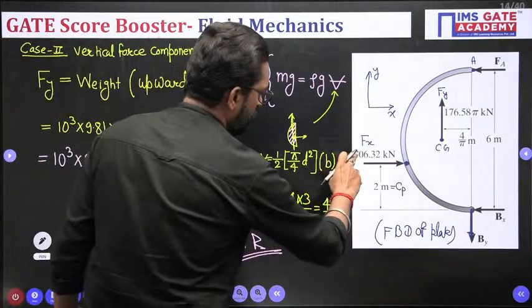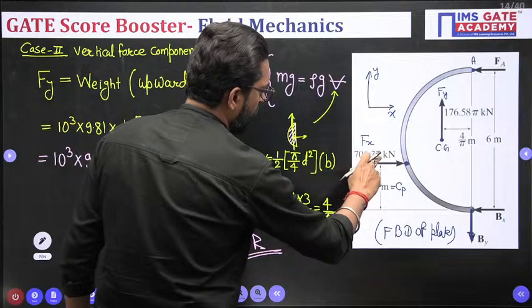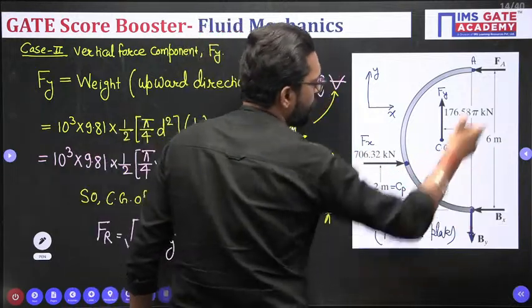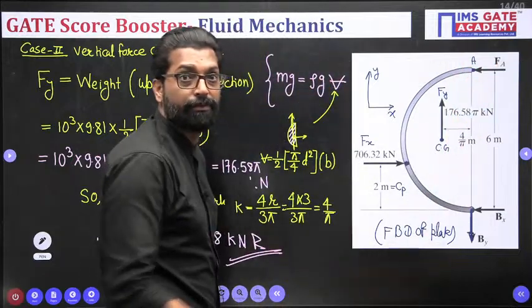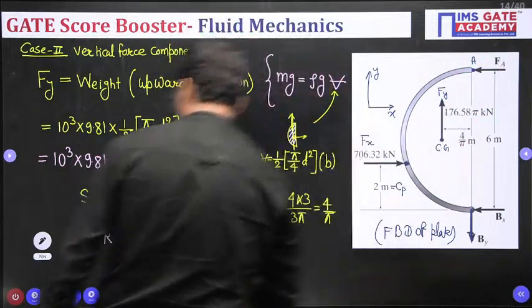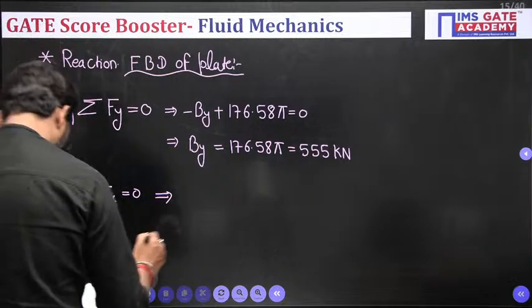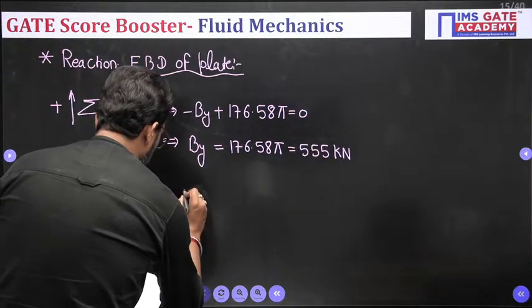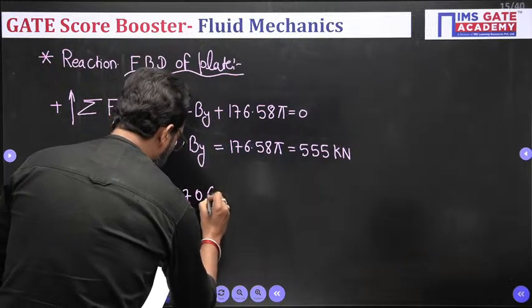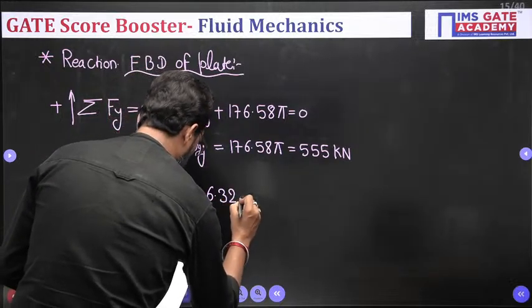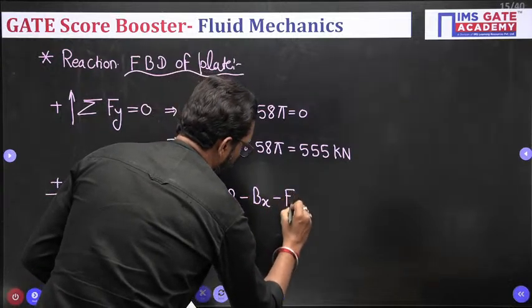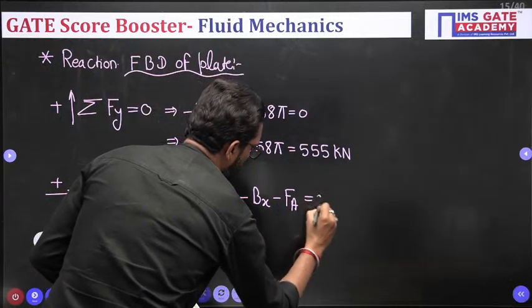So this is your 706.32 on the right side, minus Bx minus FA. Don't forget FA, so you have to balance it: 706.32 minus Bx minus FA is equal to 0.